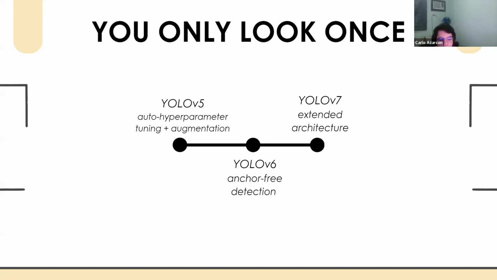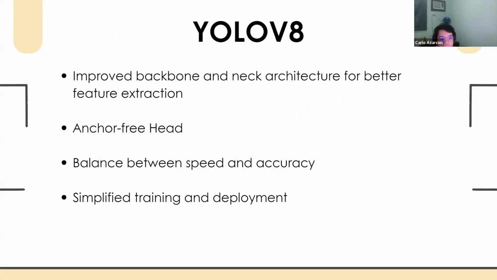Then last is YOLOv7, which provides a modified version of YOLO that extends the architecture, producing better detection performance while maintaining the speed of the previous models.